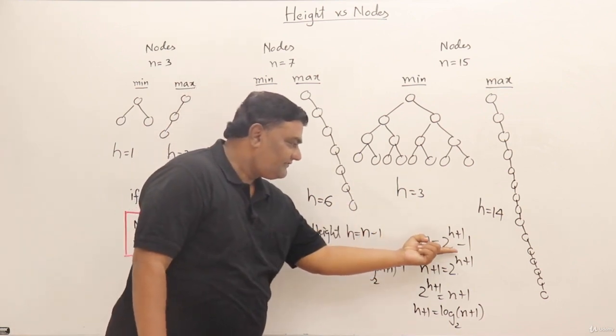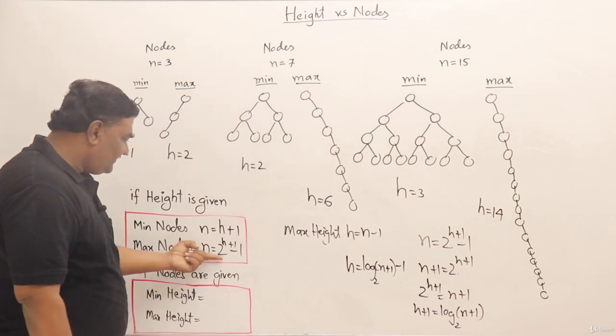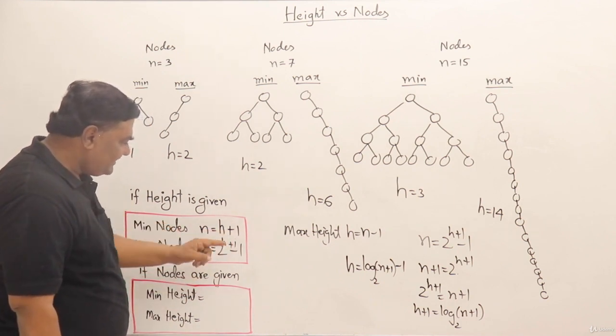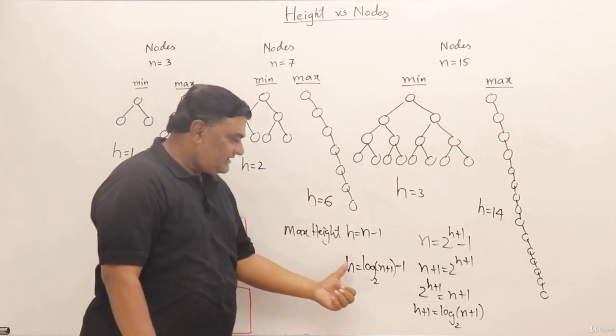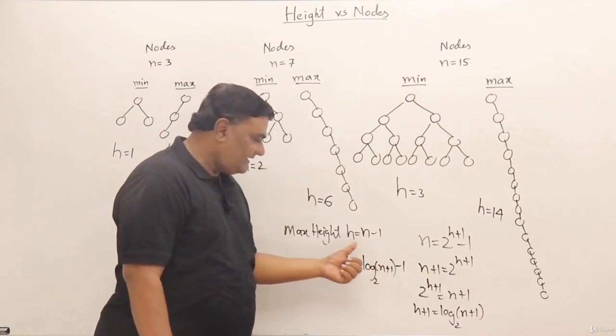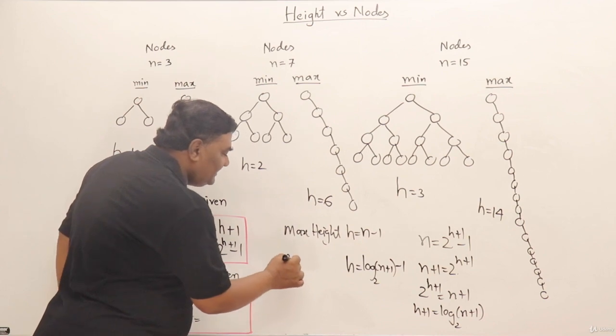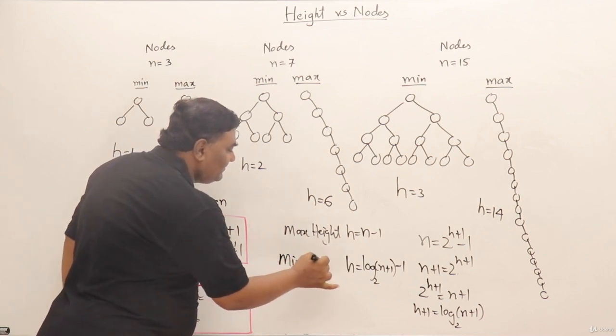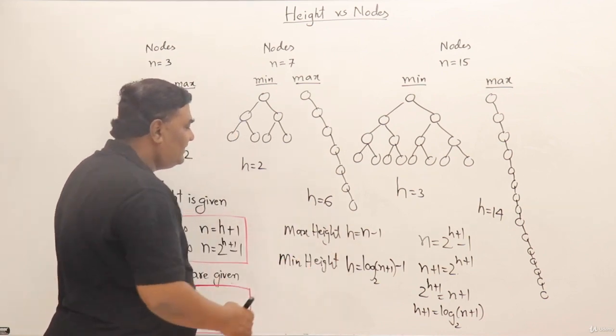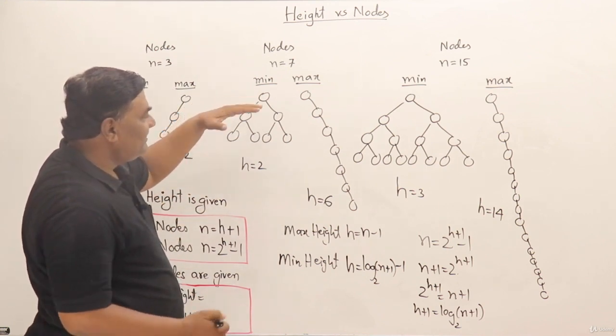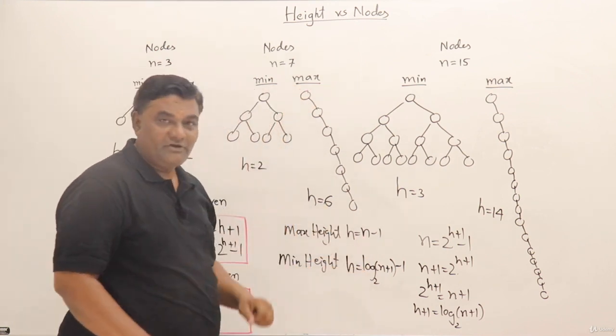From where did I get this? From this formula, which was in terms of h to find n. I converted it in terms of n to find h. This is the answer for minimum height. If n nodes are given, the minimum height will be based on this formula.